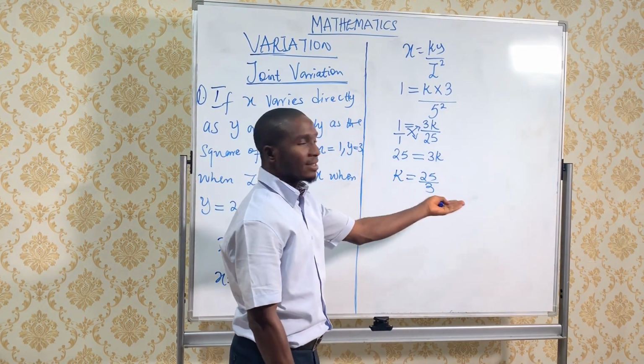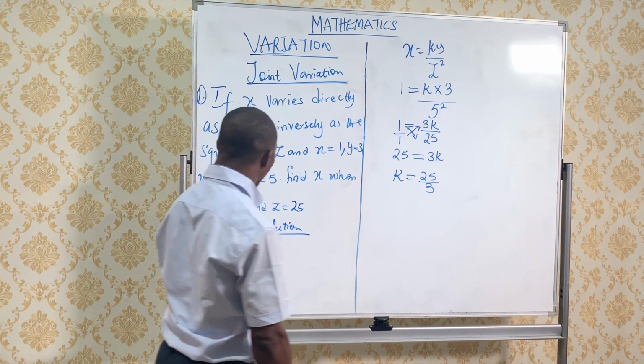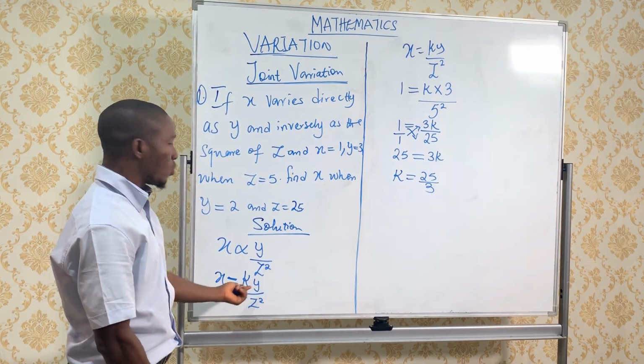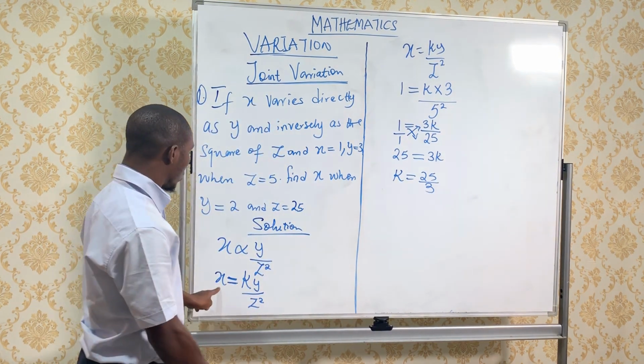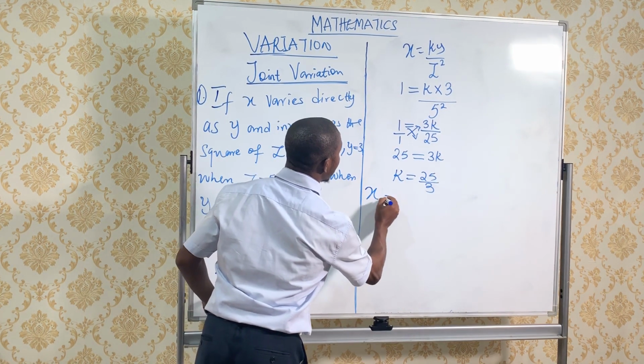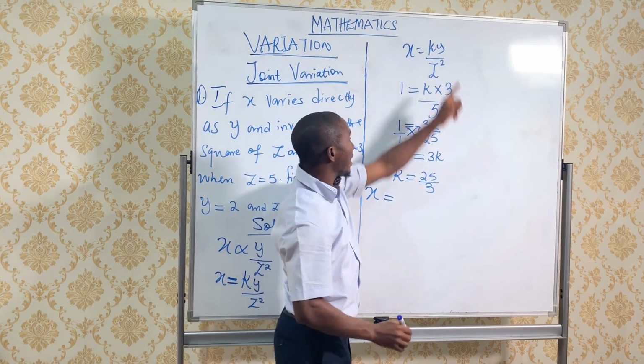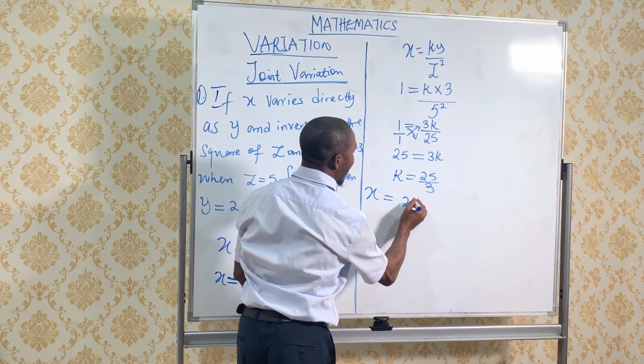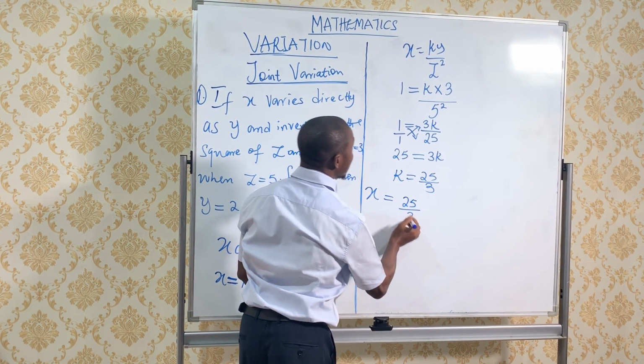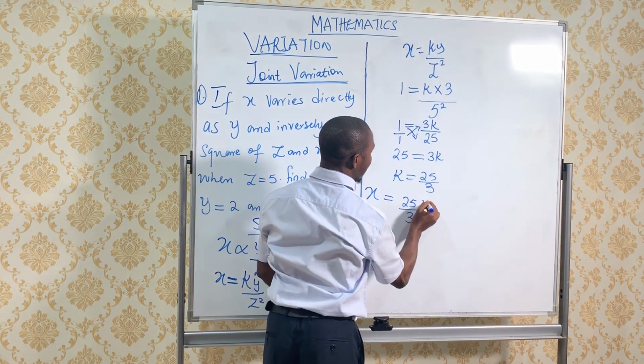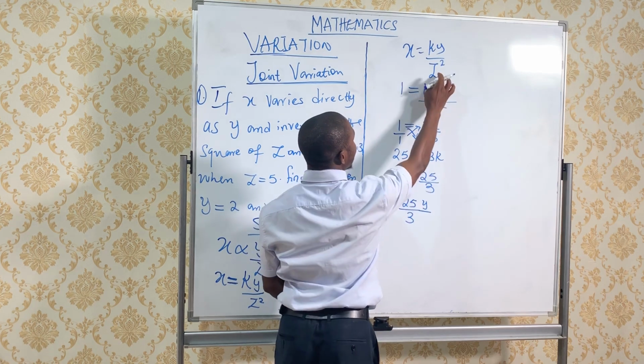If k is 25 over 3, then we can show the equation connecting x, y, and z. So x is equal to k, which is now 25 over 3, times y over z squared.